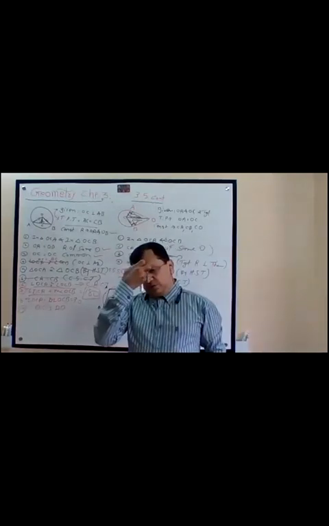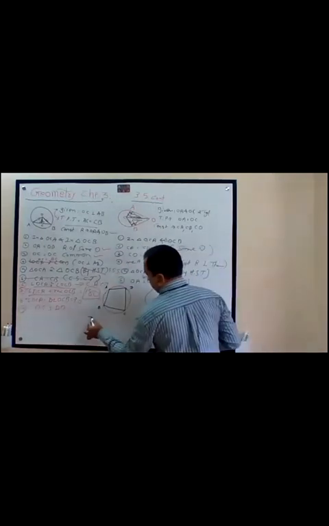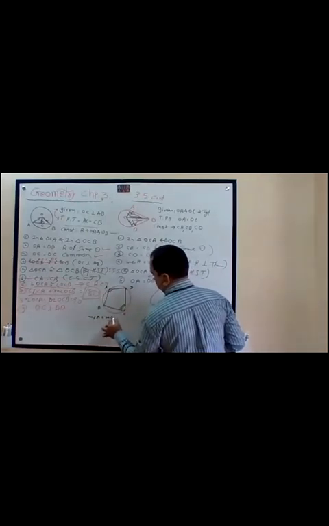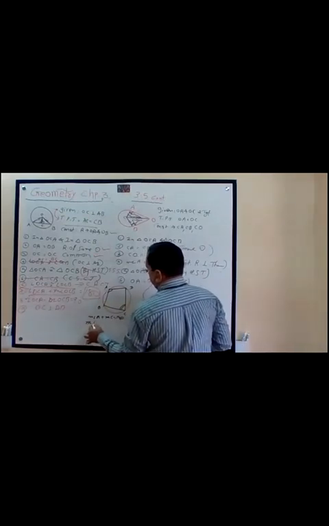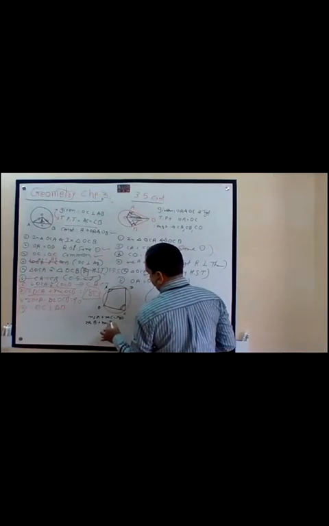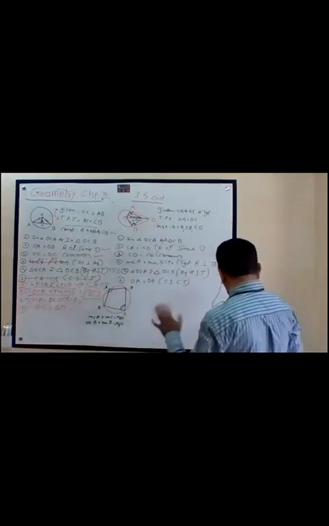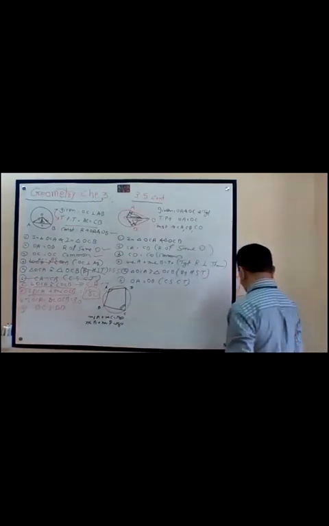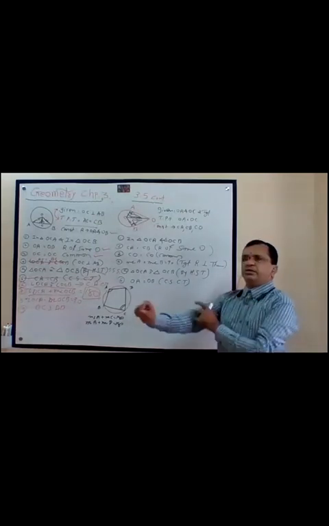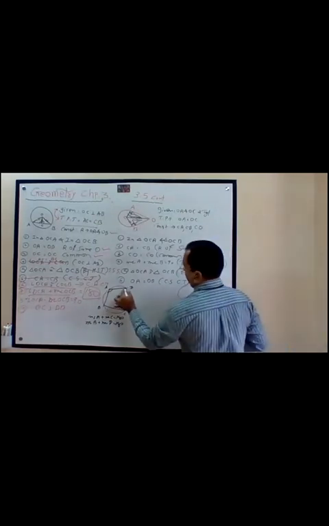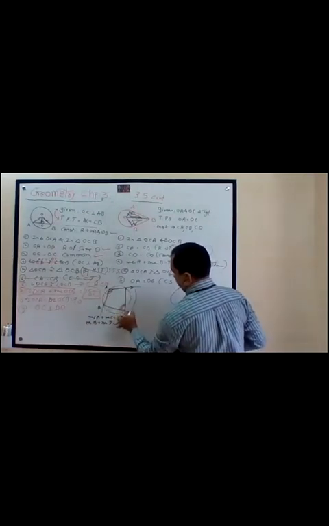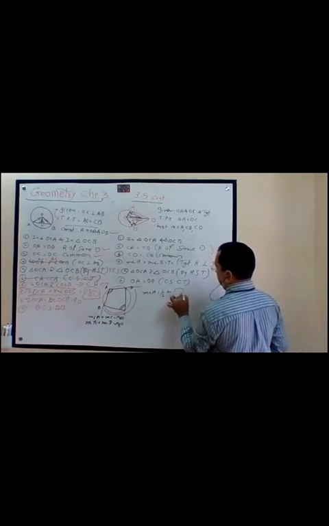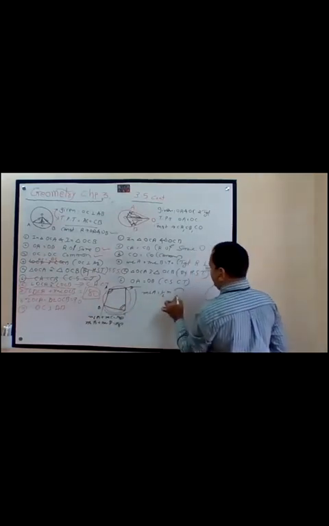We have to prove opposite angles sum to 180. Measure of angle A opposite to C, measure of angle B. In short, I'll explain. As per the inscribed angle theorem, with A, this much is inscribed. So measure of angle A is half of major arc DCB.